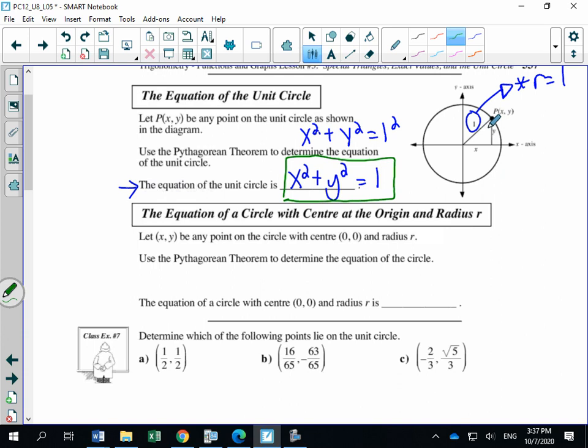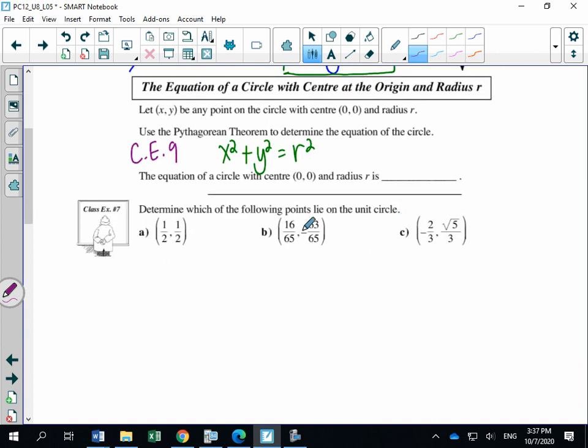That would simply be x squared plus y squared is equal to r squared. We will apply x squared plus y squared equals r squared in class example 9, so just make yourself a note. In class example 9, we're going to apply the equation of any circle, and in class examples 7 and 8, we're going to specifically be looking at the unit circle.